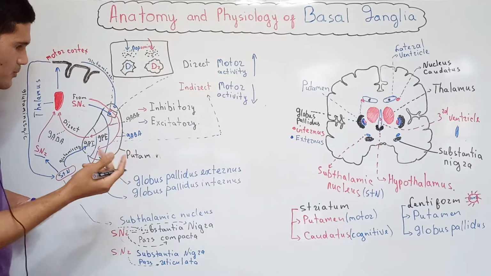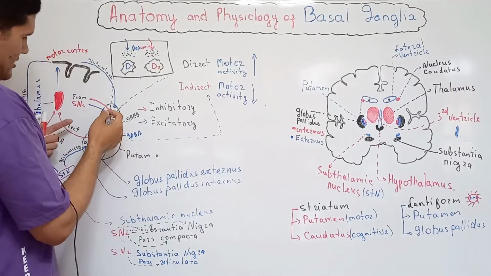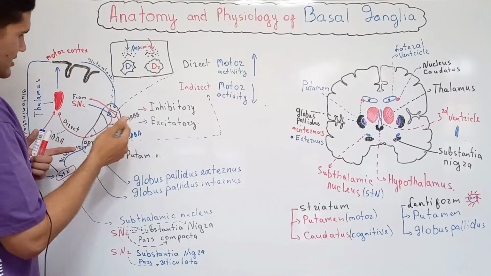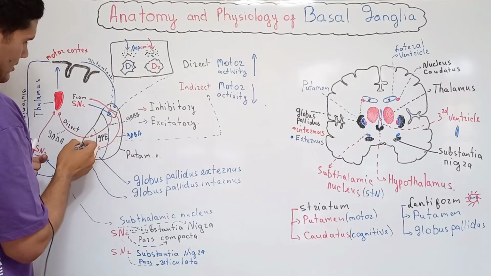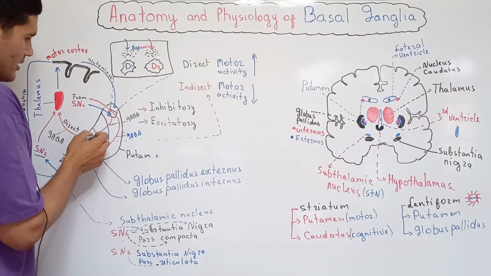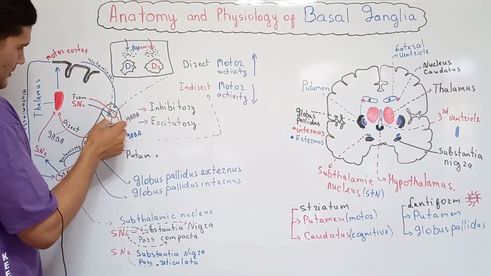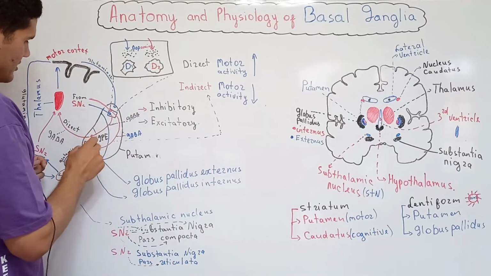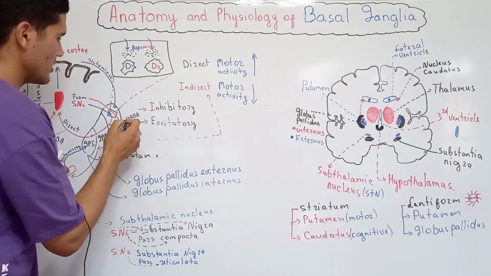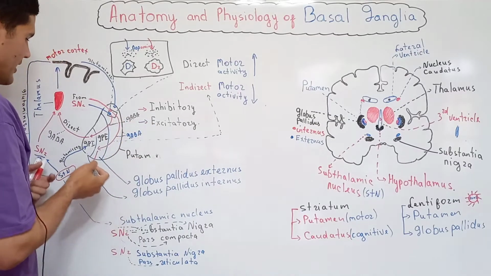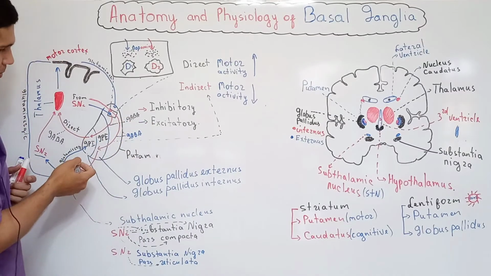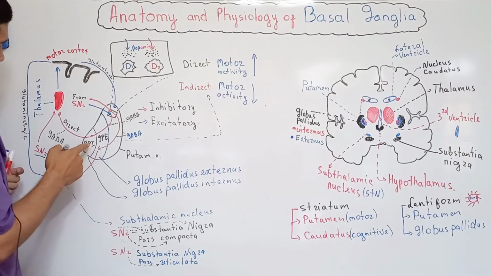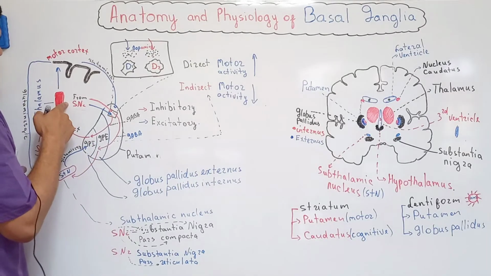Via dopamine, okay? And the next direction is to the globus pallidus internus. The putamen acts on the globus pallidus internus as an inhibitor via GABA. The main function of the globus pallidus internus is inhibiting the thalamus.